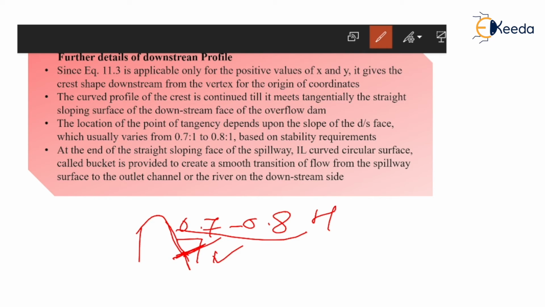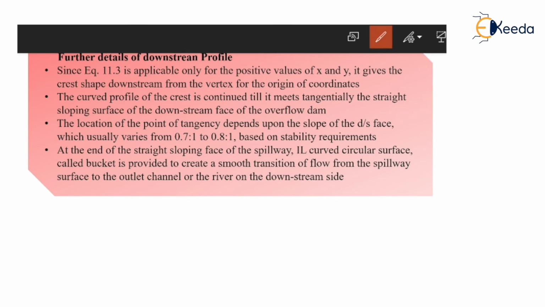So based on the stability requirement, we need to fix the location of the point of tangency. See, at the end of the straight sloping face of the spillway, generally a curved circular surface, that is a bucket, will be provided to create a smooth transition of flow from the spillway surface.